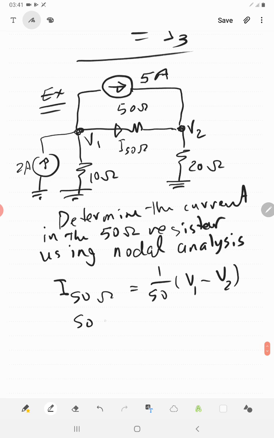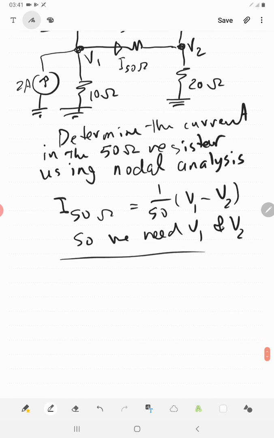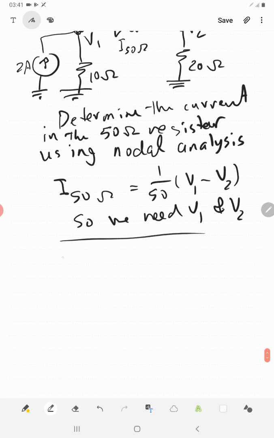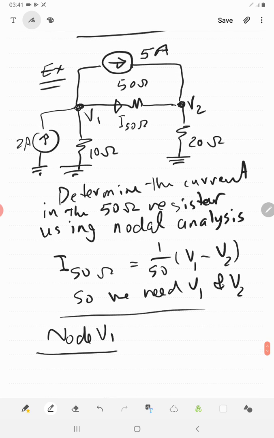So I 50 ohm is simply 1 over 50 times (V1 minus V2). So we need V1 and V2. Okay? Let's determine V1 and V2. Say node V1. How many resistors do we have? 50 and we have 10.